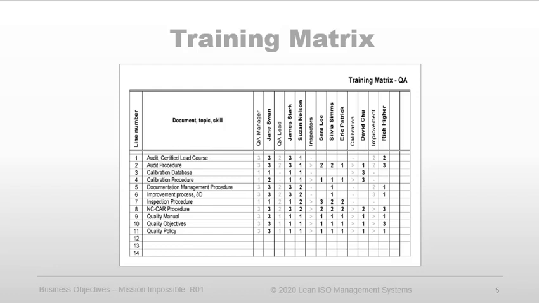Short directions in the cell comments will provide sufficient information to handle the matrix without an additional procedure. Let's not forget the records. Per the records matrix, the training coordinator, for example, maintains the evidence of training, copies of certificates, and other related records. Many companies use this type of training matrix.